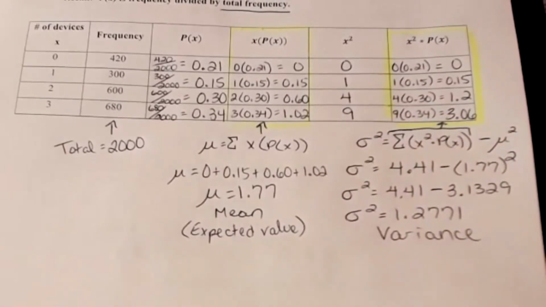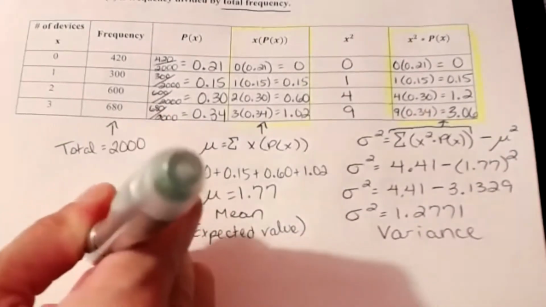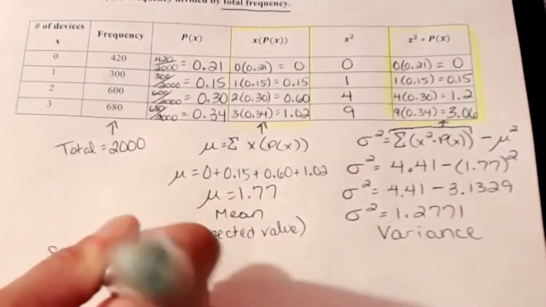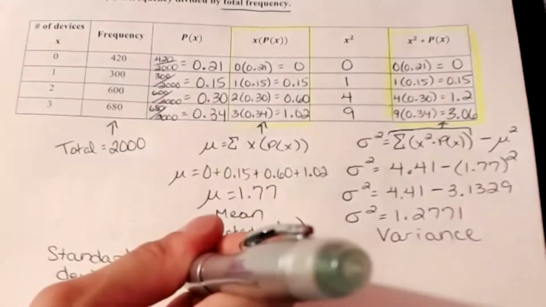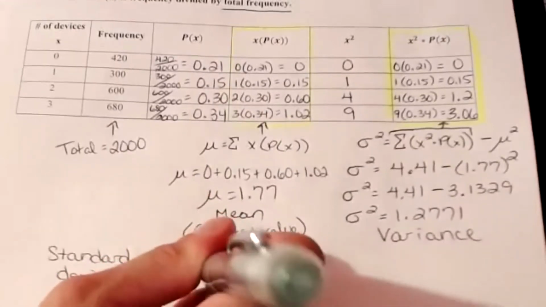Beautiful. And finally, how do I calculate the standard deviation again? Square root the variance. Done. So the standard deviation, we know, is found by taking the square root of the variance.